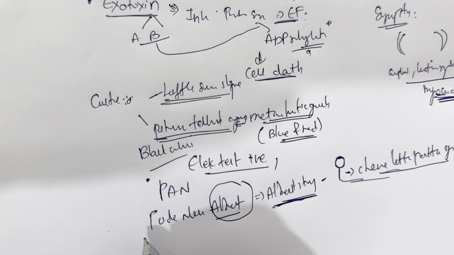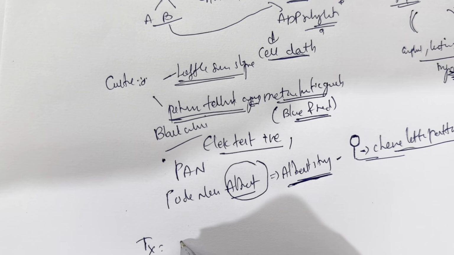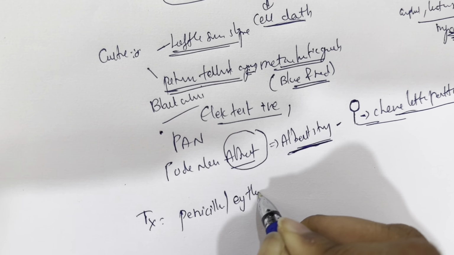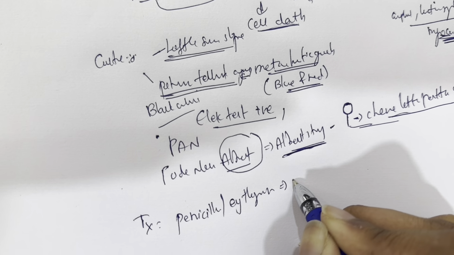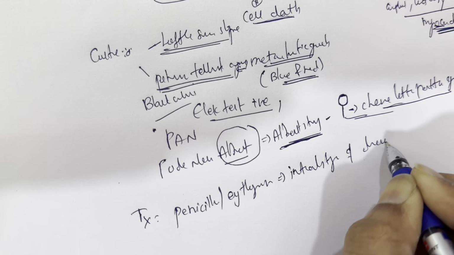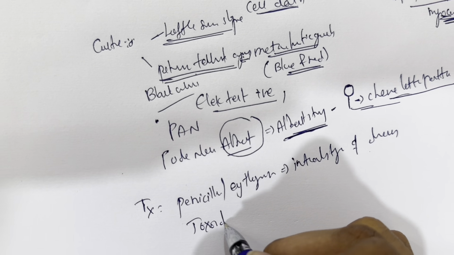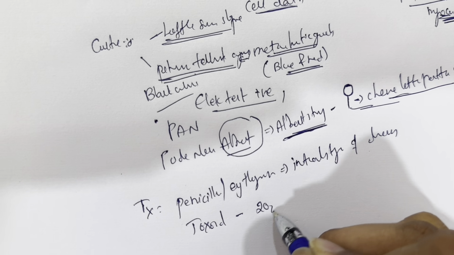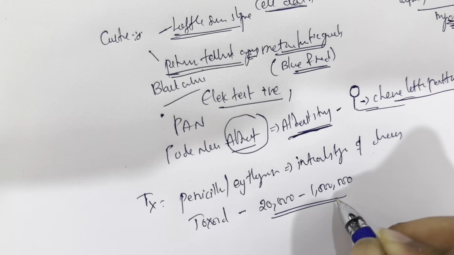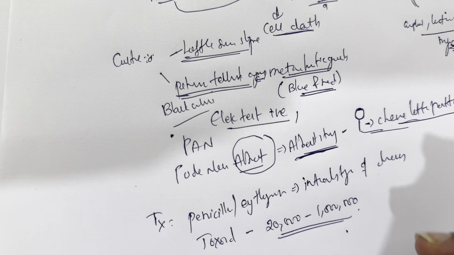Talking about treatment of diphtheria, penicillin and erythromycin should be given at initial stages of the disease, whereas antitoxin is always preferred, and it should be given 20,000 to 1 lakh units. So that's for the treatment of diphtheria.